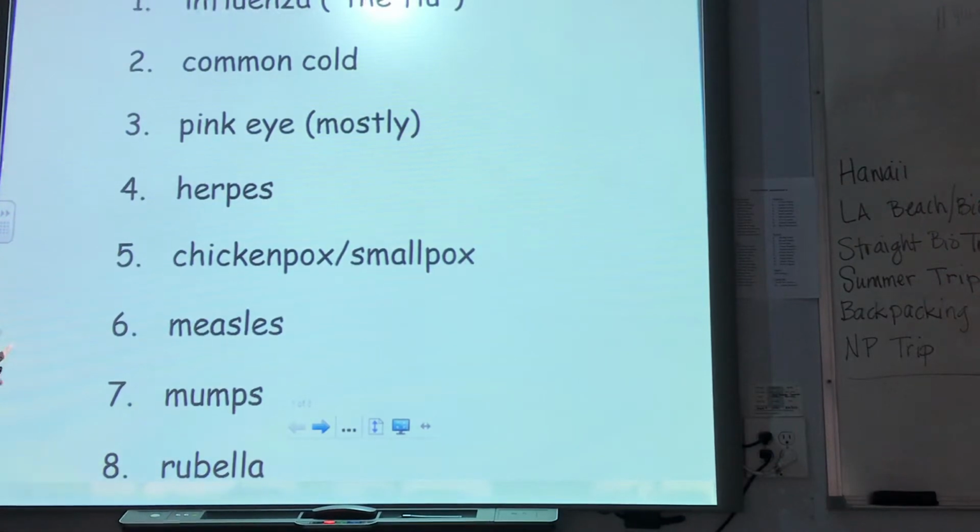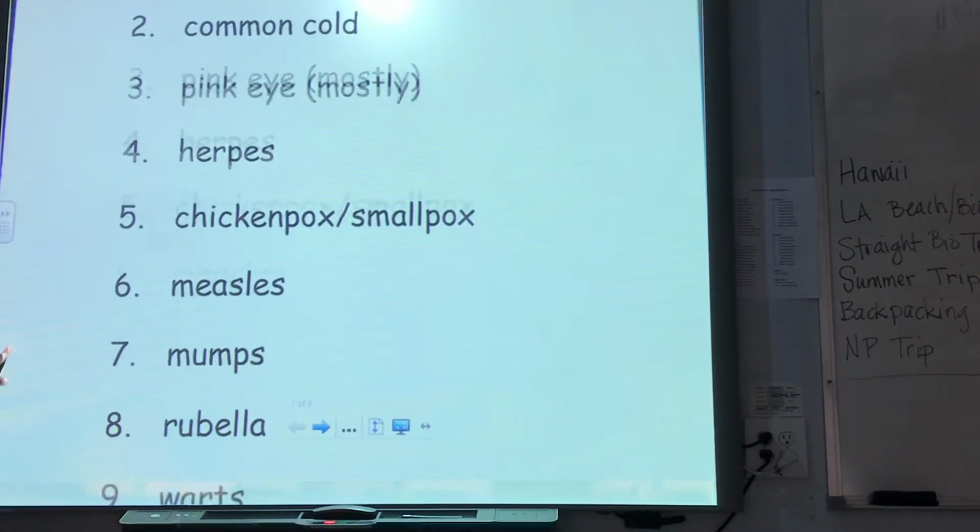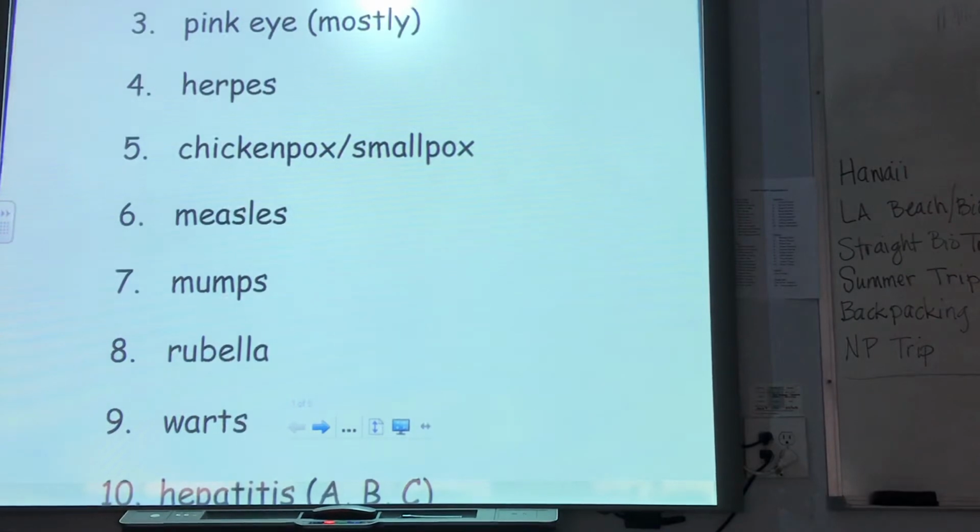Okay, pink eye. I was told by an ER physician once that 95% of the cases of pink eye are viral. Every now and then you can have a bacterial pink eye, but most pink eye is caused by viruses. A lot of the time somebody has a cold or the flu, they wipe their nose, and then they rub their eyes.